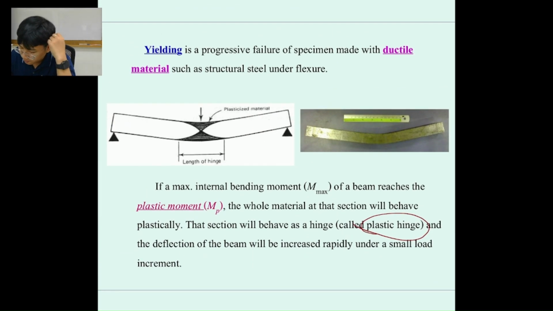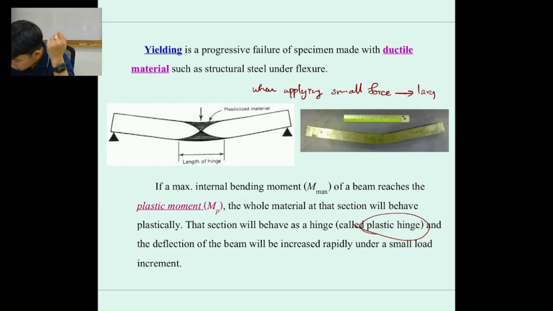Plastic hinge is the behavior of the ductile material when applying small force, it's going to provide you a really large deformation. You apply small force, it's going to produce a lot of deformation. That's what we call plastic hinge.